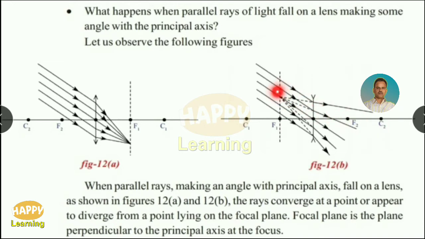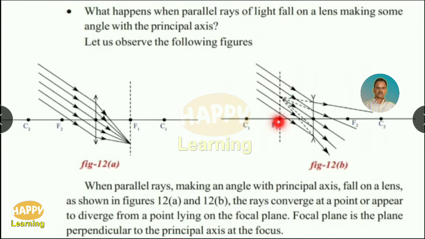That point is called focus. This point is also a focus. This point, which is called focus, is also lying on the principal axis. So this is called principal focus. Among all these points lying on this line, every point is a focus, but this point is called principal focus.